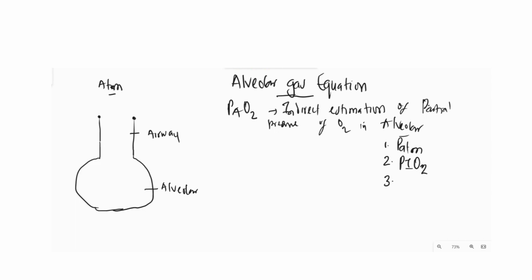Number 3 is FiO2, the fraction of inspired oxygen. Number 4 is PH2O, the partial pressure of water or water vapor pressure, because we need water to humidify the oxygen in the airway.